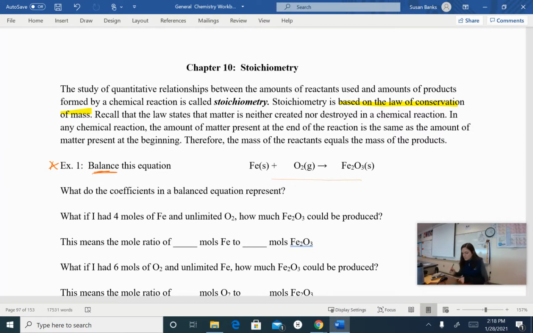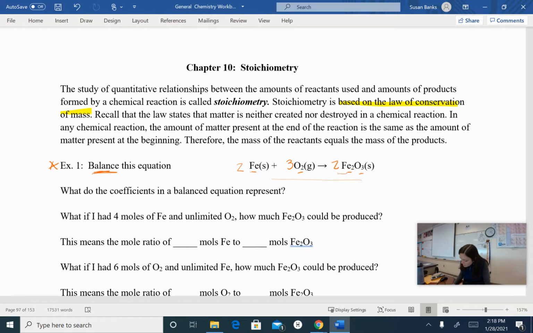So let's look at iron first. Here I have 1 iron, here I have 2. So I'm going to double that up. And then I have 2 oxygens and I have 3 oxygens here. So my least common multiple between 2 and 3 is 6. So I'm going to multiply my O2 by 3 to get 6 oxygen atoms, and I'm going to multiply my iron oxide by 2 to get 6 oxygen atoms.